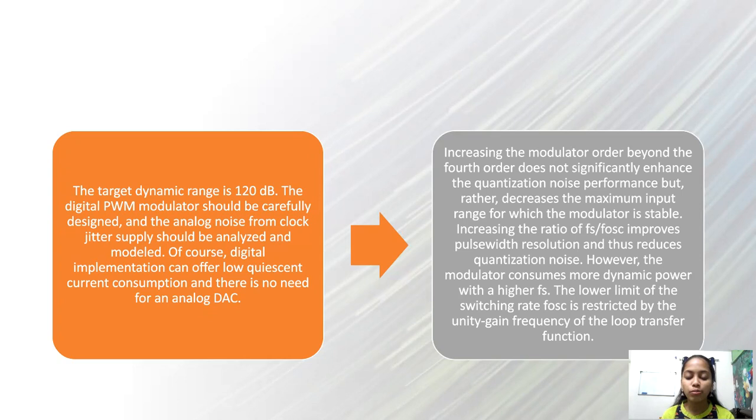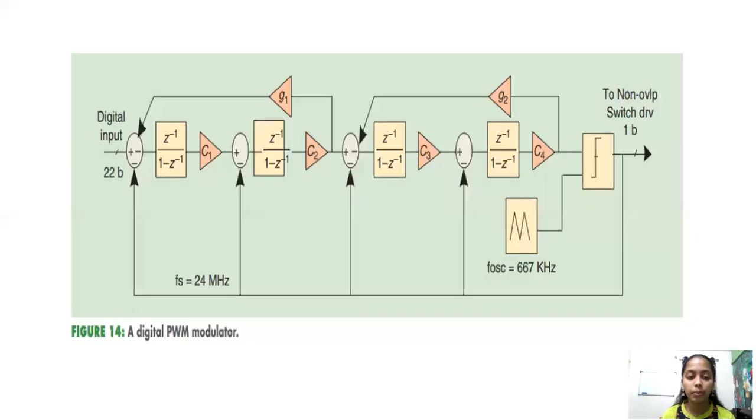However, the modulator consumes more dynamic power with a higher Fs, and the lower limit of the switching rate FOSE is restricted by the unity gain frequency of the output transfer function. Here, Figure 14 shows a digital PWM modulator.